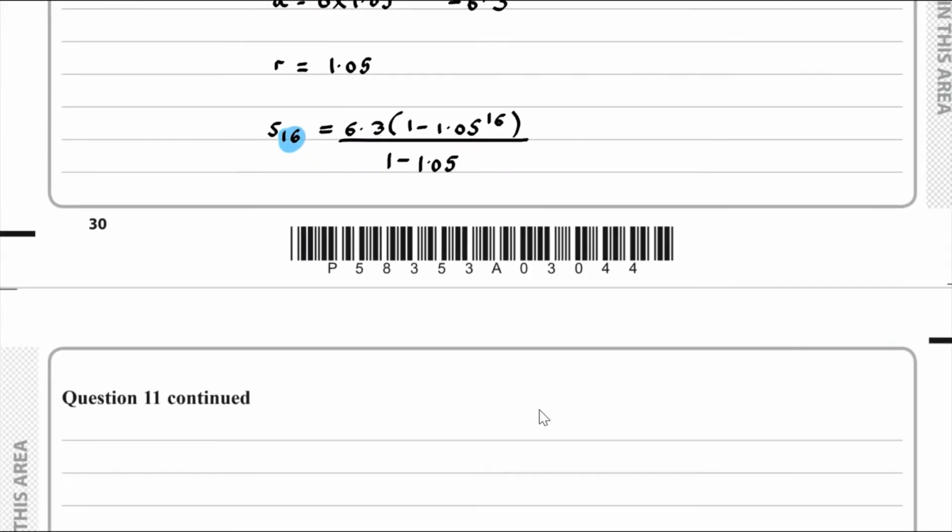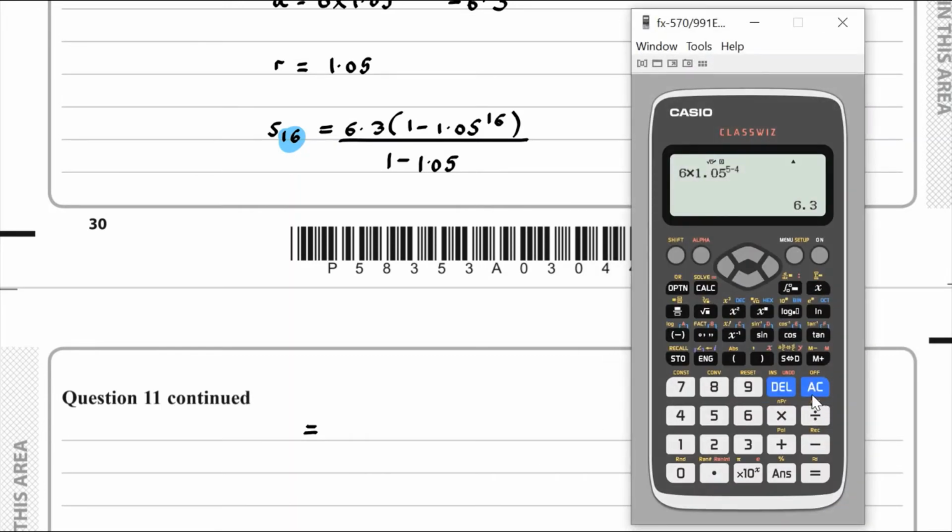And if we work this result out, 6.3 multiplied by 1 minus 1.05 to the power of 16, and on the bottom 1 minus 1.05, we end up with 149.04 etc. minutes.